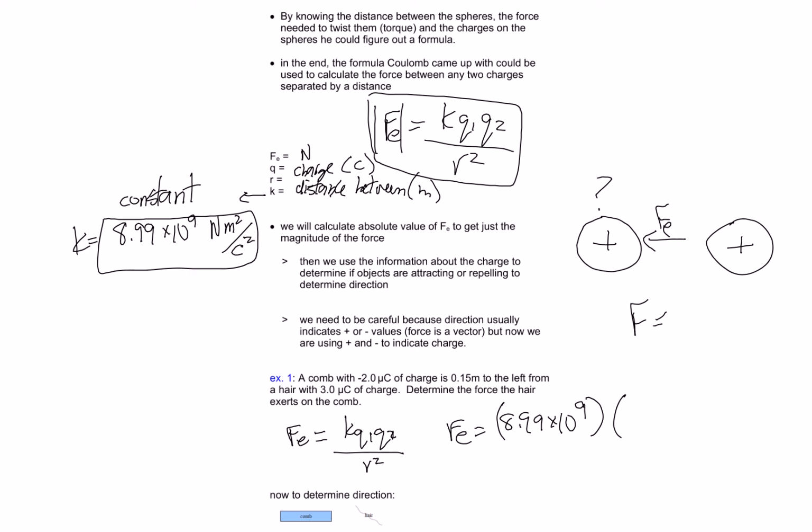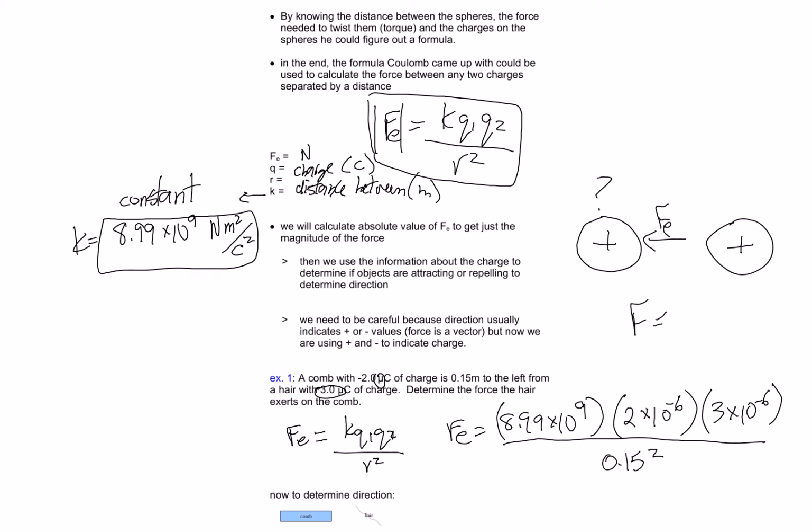We don't care if it's positive or negative, so we're just going to put in 2, and remember, micro is negative 6, so it'd be 2 times 10 to the negative 6. It says the piece of hair has 3 microcoulombs of charge, so that'd be 3 times 10 to the negative 6. And our distance is 0.15 meters, so 0.15 squared is our bottom answer.